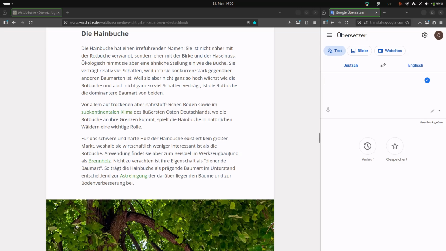So it is often used, for example, in the building of working tools or tools in general, or as firewood.